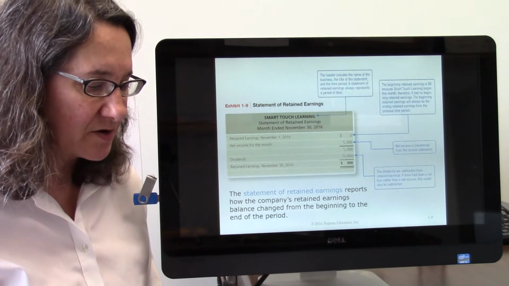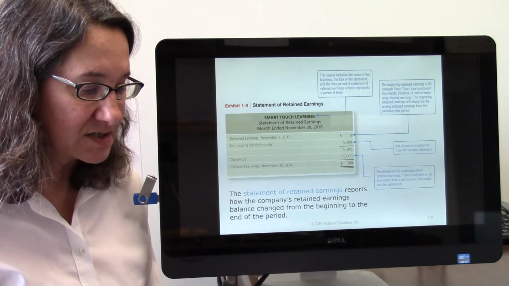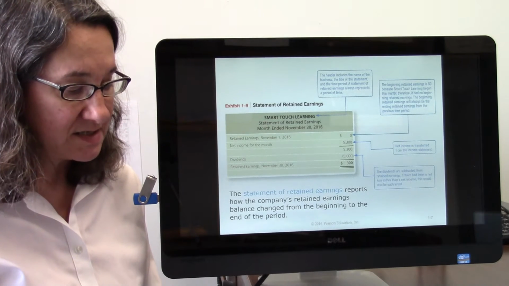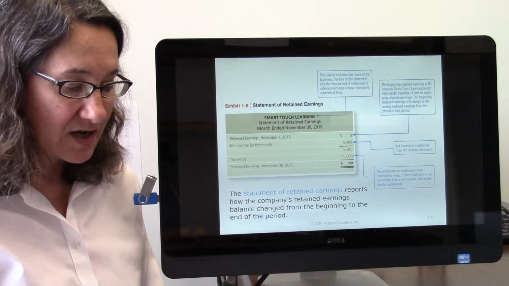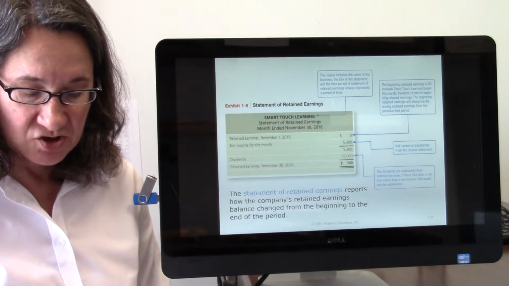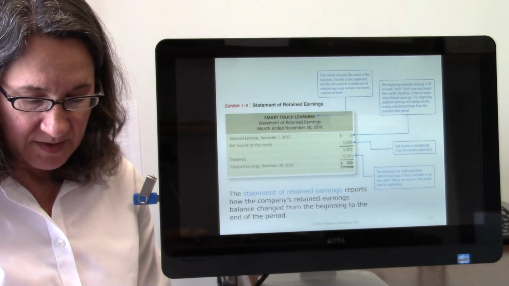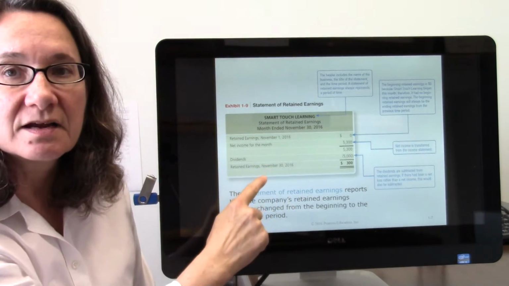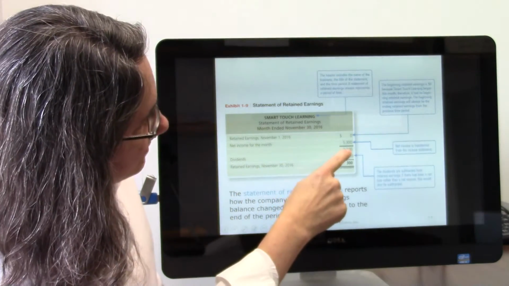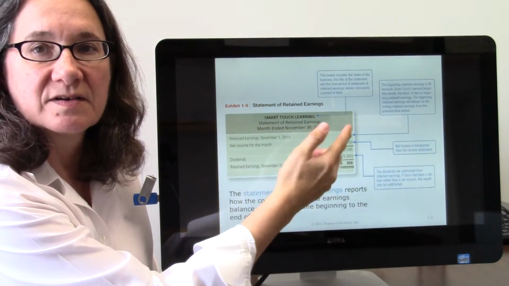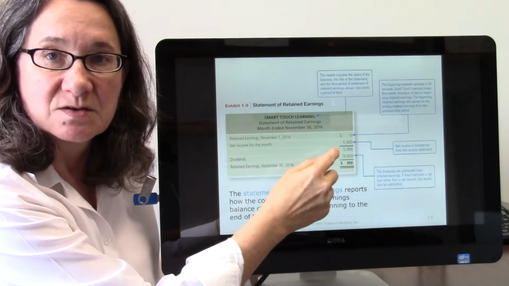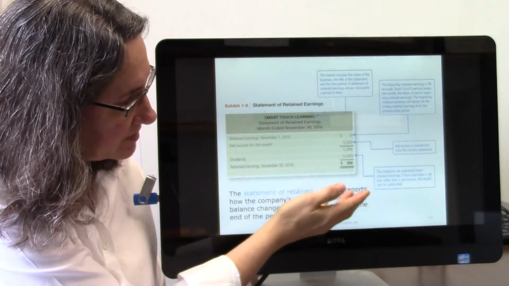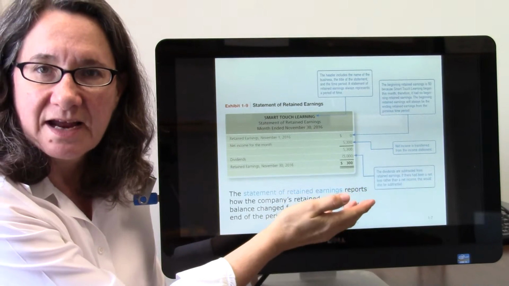The statement of retained earnings shows the changes in retained earnings for a business entity during a time period. The net income or loss is transferred from the income statement. So that's why we did that income statement first, because part of what we do is we say, what were the retained earnings to begin with? How much did we get this year? And what are the retained earnings now, right?